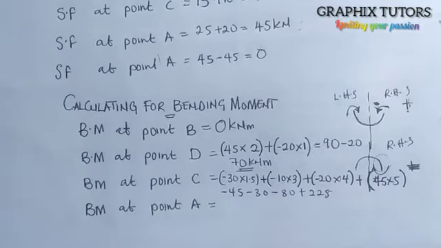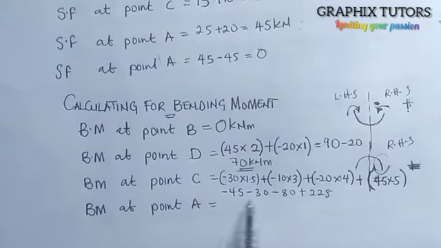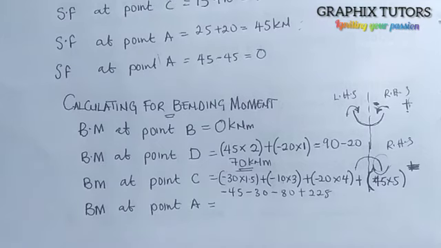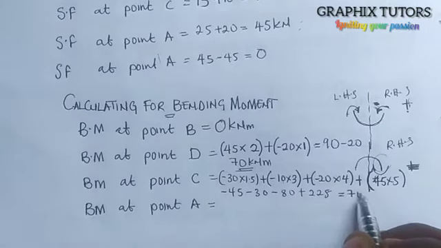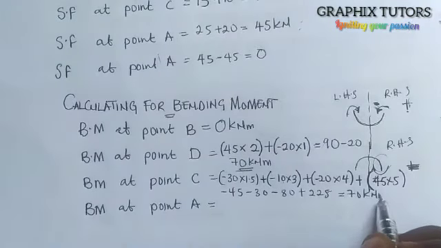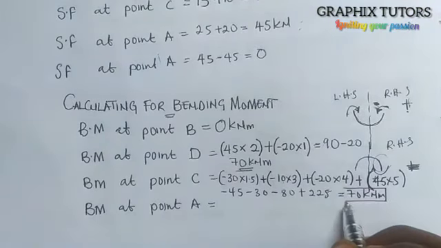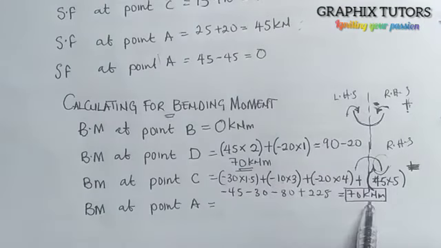So you simplify: minus 45 minus 30 minus 80, then plus 225, that will give us 70. So the moment here is 70 kilonewton meter. So don't forget this. This is this one, and this is 70 kilonewton meter.